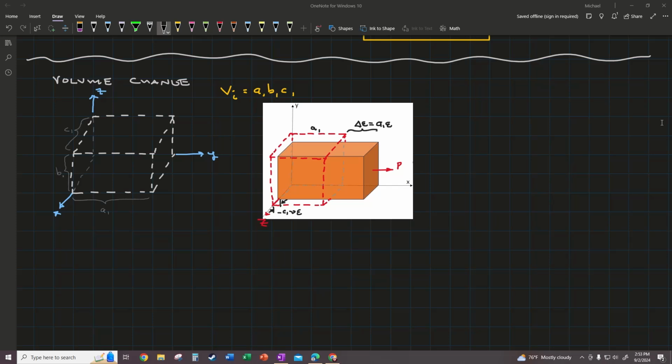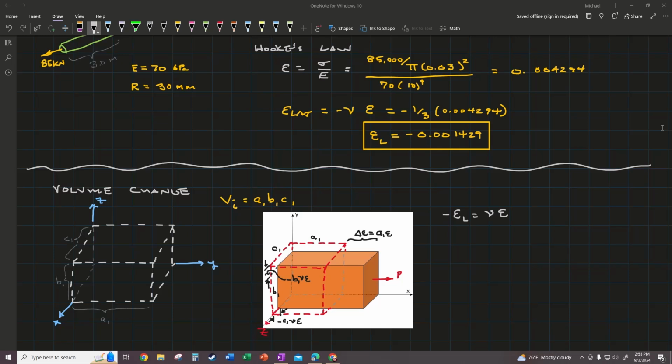Then the amount I shrink in the C direction, it's actually the Z direction, side C1 shrinks by minus C1 nu epsilon. And then along the original B1 length, we shrink by minus B1 nu epsilon, the longitudinal strain.